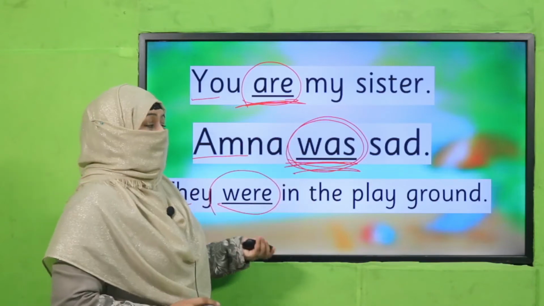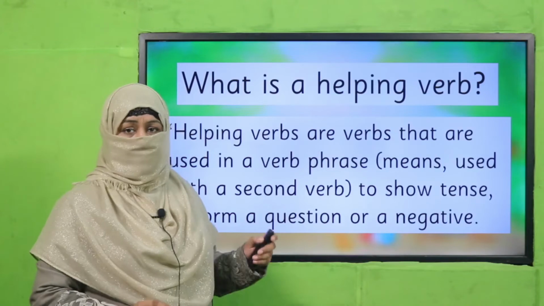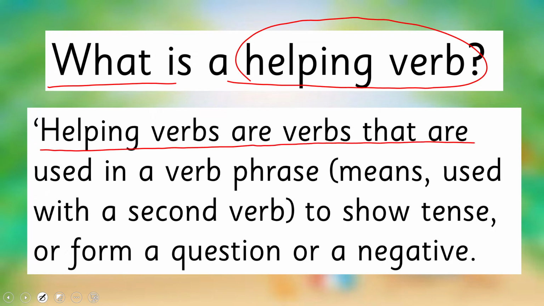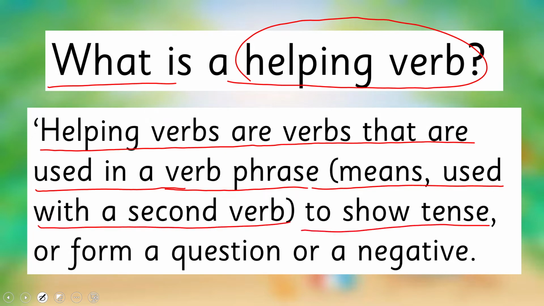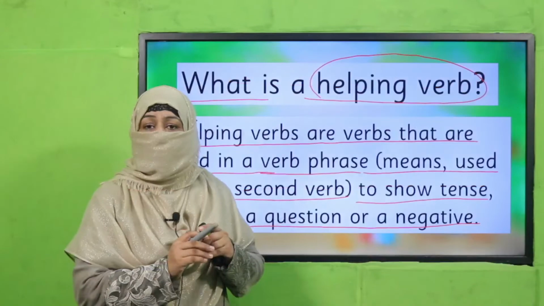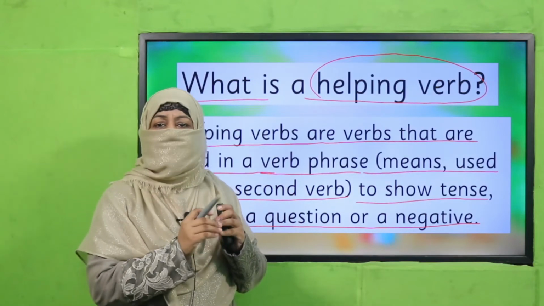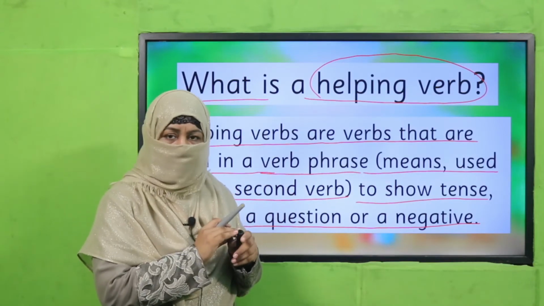Okay, there is another situation when we use helping verb. And what is helping verb? Helping verbs are verbs that are used in a verb phrase, means used with a second verb to show tense or form a question or a negation. So as I told you, the be form of verbs are is, am, are, was, were, right?